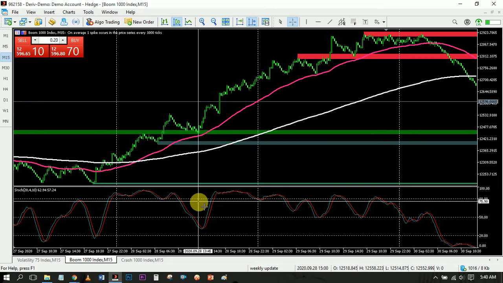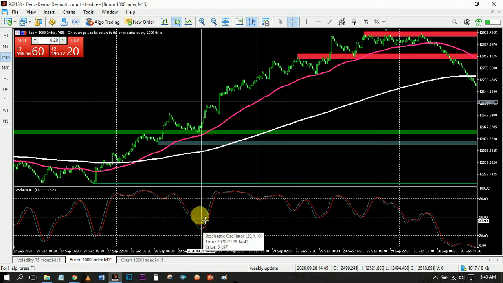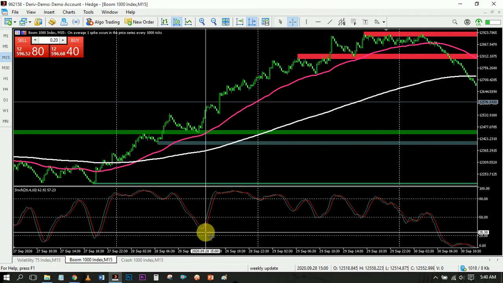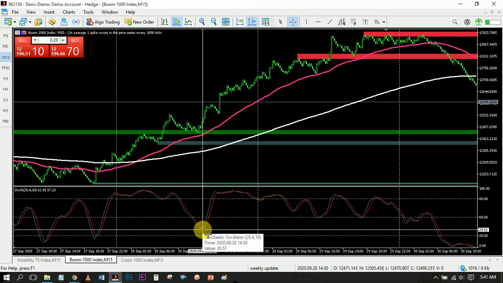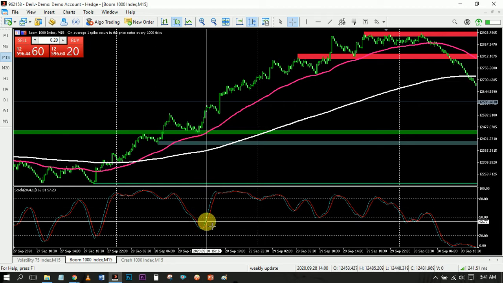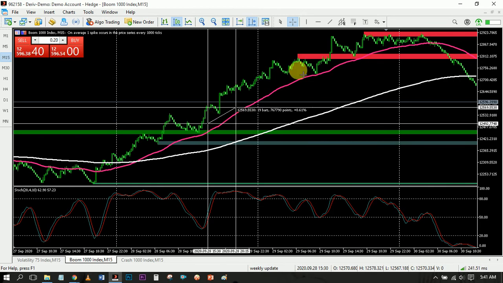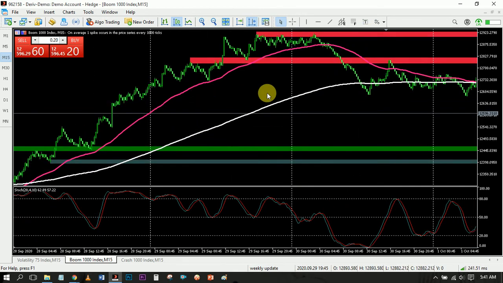You can see that it got oversold right here, and it dropped below 50, though it didn't touch 20, but it was close. You can see it right here. So the moment you get your cross, you place your entry and you ride the wave. Very simple. All you need is patience. You don't need anything more other than patience.